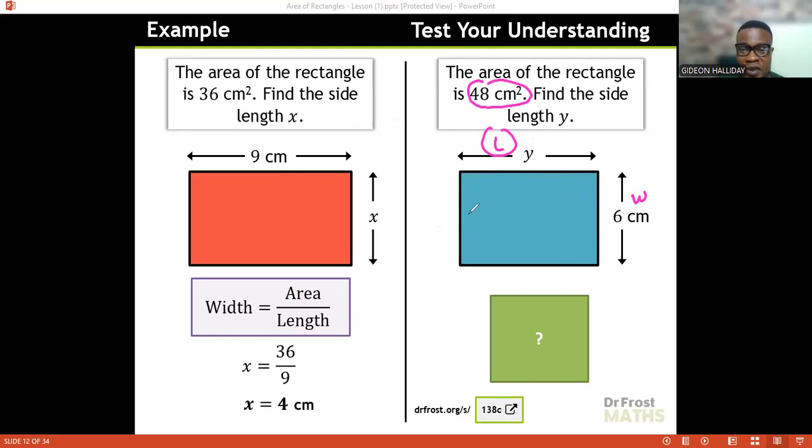From the formula, I'm sure you wrote it down, length equals area divided by width. The area is 48, divided by 6. 48 divided by 6 should be 8 centimeters. It's easy peasy.